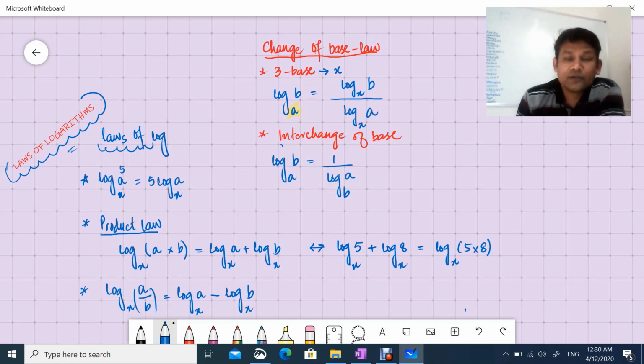Okay, so this is the review of the change of base law, product law, power law, and you don't need to forget the key points.